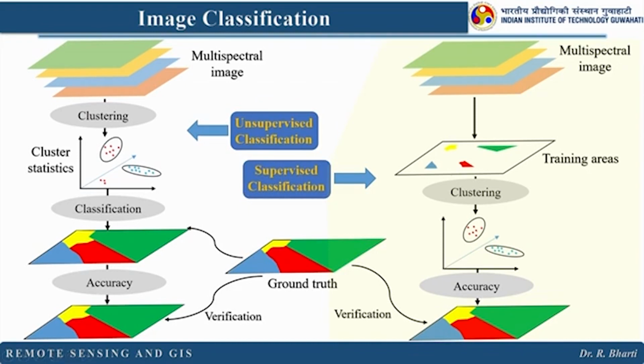In unsupervised classification technique, basically we start with a clustering algorithm, and we find the clusters based on statistical similarities, and then subsequently we use either ISODATA or k-means algorithms, and then we classify this image into different classes.